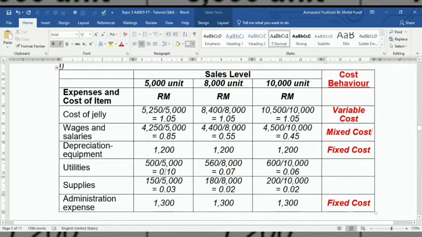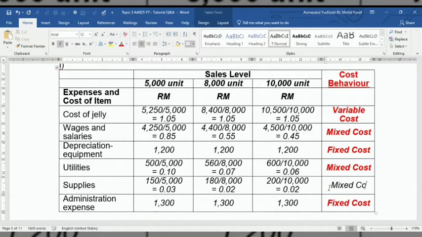Okay, the cost per unit for 5,000 unit is 10 cents, 8,000 unit is 7 cents, and for 10,000 unit is 6 cents. So this is mixed cost. Okay, same goes to supplies. Okay, the total cost is not same. The cost per unit also not same. 3 cents, 2 cents, and 2 cents. So this is also mixed cost.